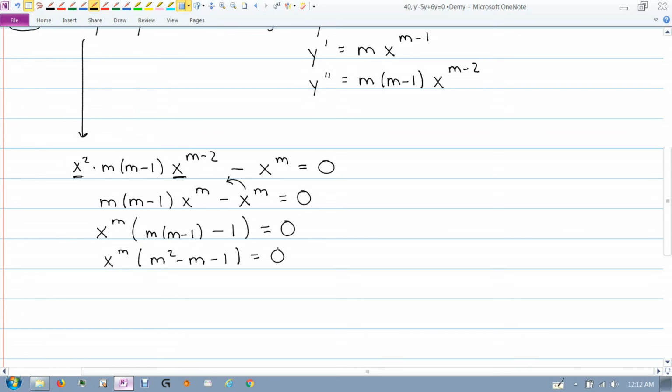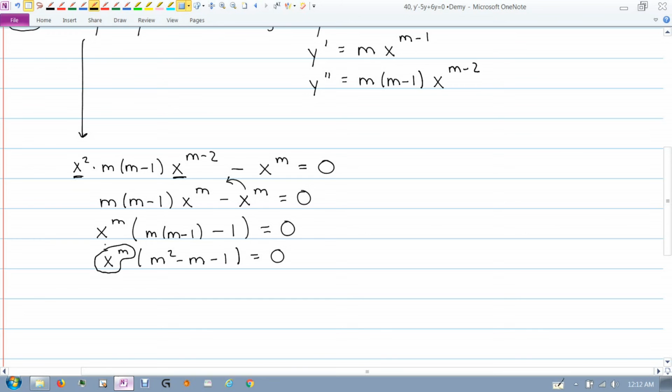And so the question is, for what values of m will this be 0? And this x to the m can't be 0, unless possibly x is 0.